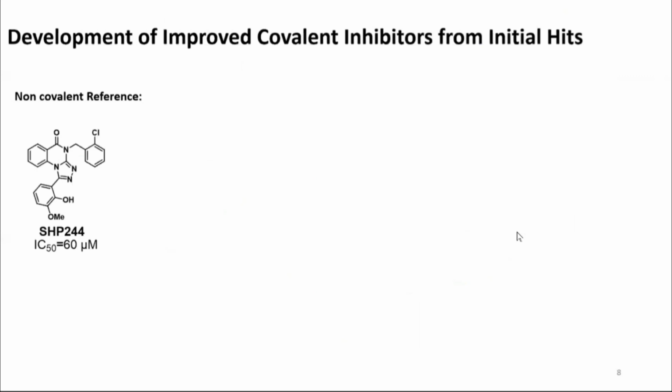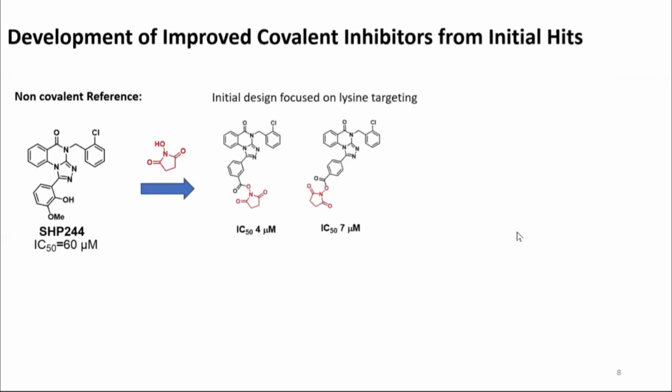The first compound we modified was the SHP244 scaffold. We switched the orthovanillin moiety with a benzoic moiety and installed the NHS moiety. As you can see, we already got some promising results, still in the low micromolar range.